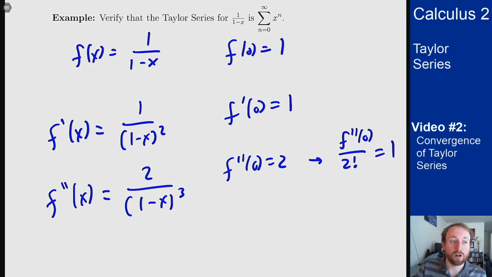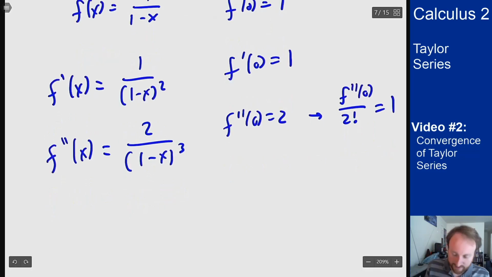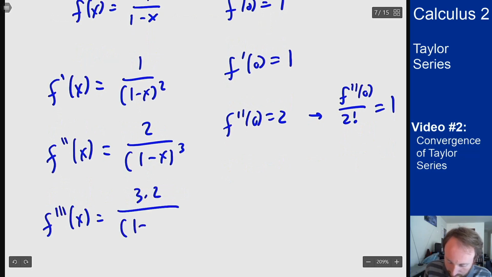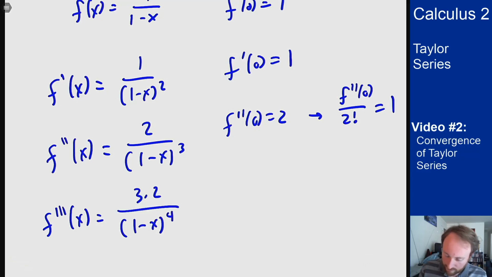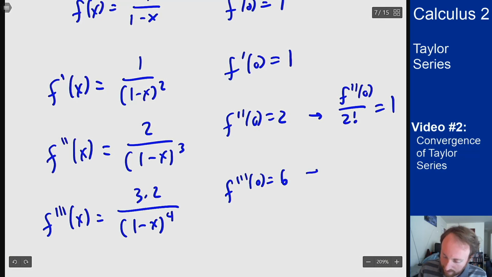So these should all come out to 1 to validate what's going to happen here. We'll do one more step out. The third derivative of x should be 3 times 2 over 1 minus x to the fourth. Same idea as before. So f triple prime at 0 is 6, meaning f triple prime at 0 over 3 factorial is still 1. And you can see the pattern here.